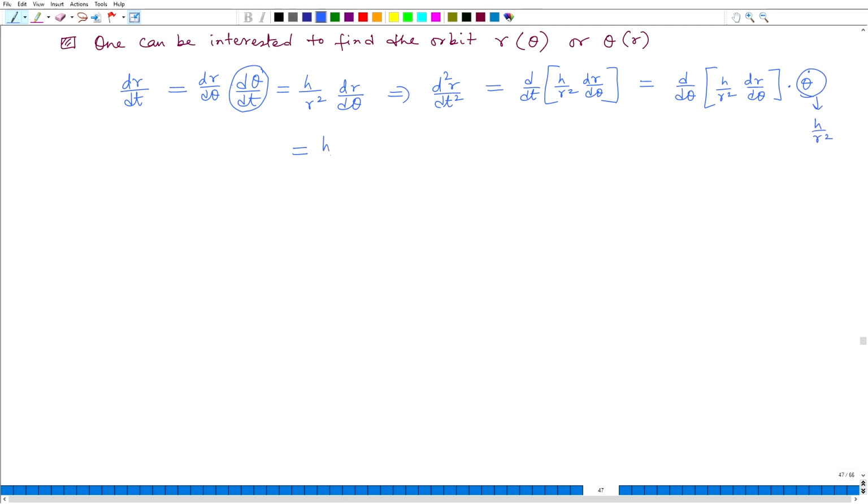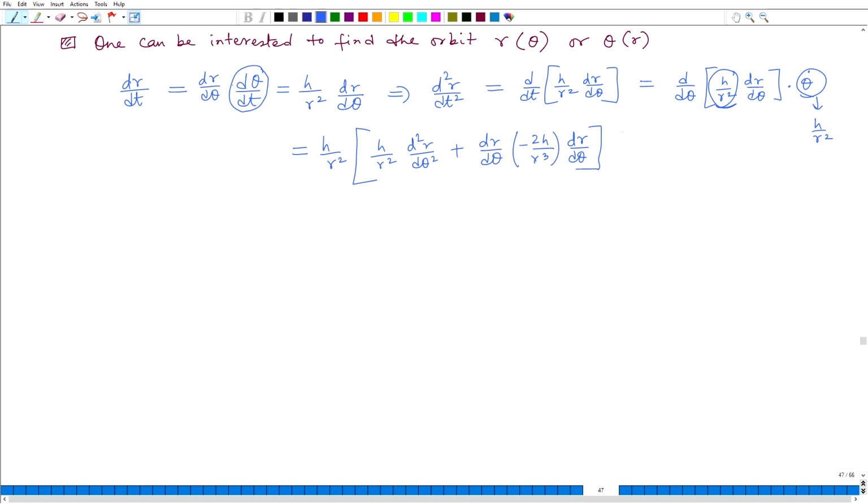So, I can write this as h over r square times h over r square d2r d theta 2 plus dr d theta times d d theta of h by r square, which is minus 2h by r cube dr d theta.